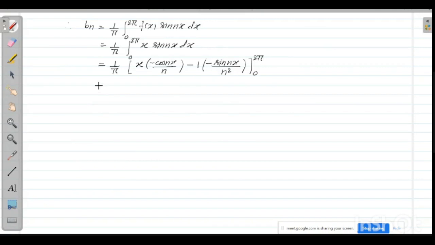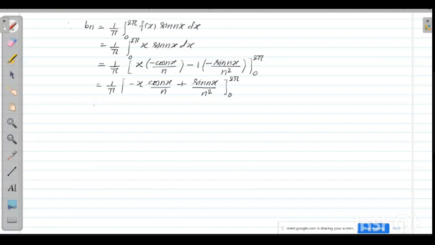So this equals 1 upon pi, and just write down x into cos nx by n, and minus minus goes plus sin nx by n square, and providing lower to upper limit 0 to 2 pi.